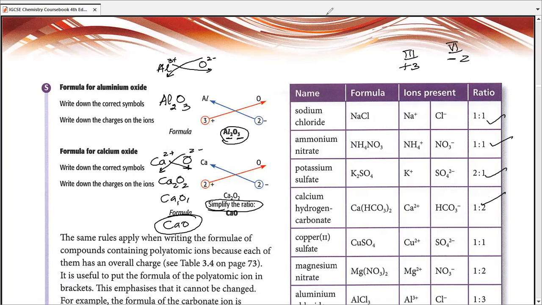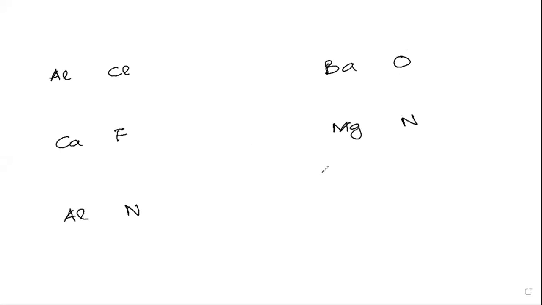For practice, what I usually suggest is different components. For example, you can practice aluminum and chlorine, or you may practice calcium and fluorine, or you may practice aluminum and nitrogen, or you may practice barium and oxygen, or magnesium and nitrogen, or sodium and nitrogen.